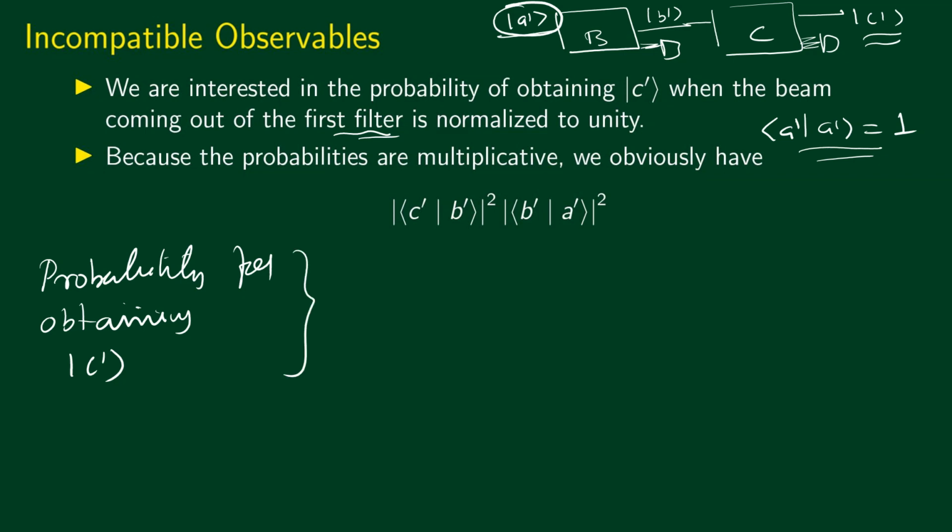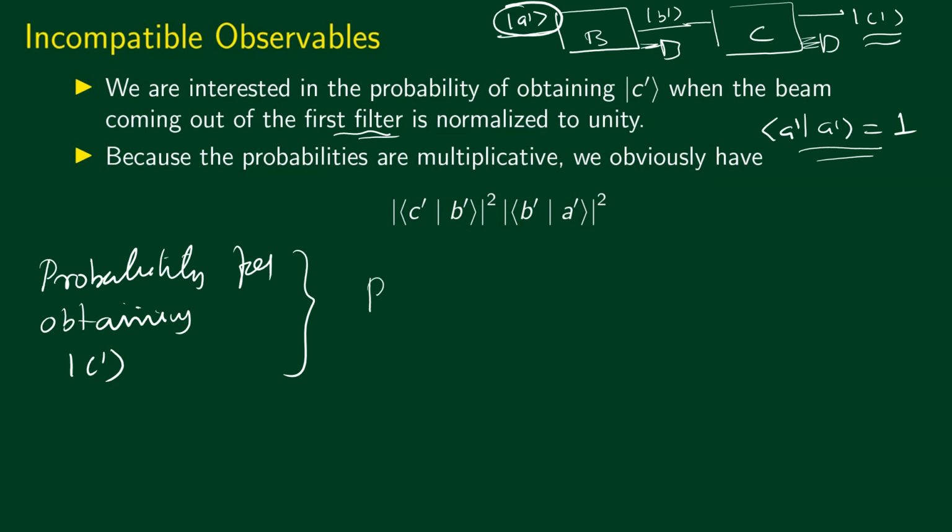We see that ket C prime will be obtained if two things happen. First, ket A prime has to change to ket B prime, and then ket B prime to ket C prime. So two things have to happen for us to obtain ket C prime after a measurement of C.